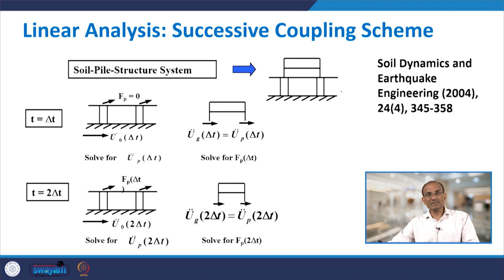One of the techniques which we initially developed in 2004, and which was published in the Soil Dynamics and Earthquake Engineering journal long back in 2004, is given here. Though it is linear analysis, using a technique we call the successive coupling scheme, we can carry out the nonlinear analysis also using this scheme.